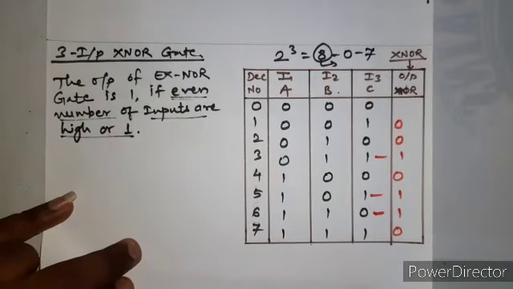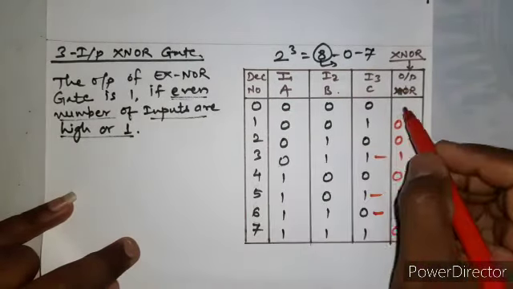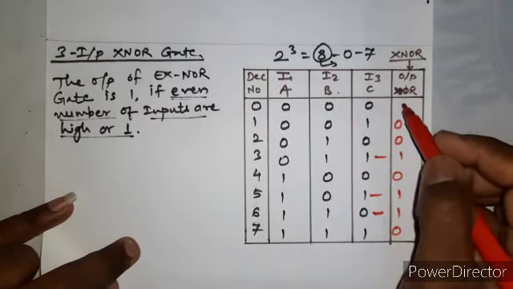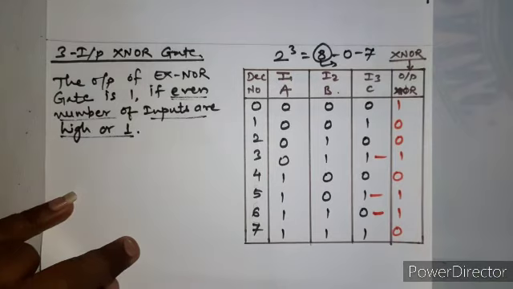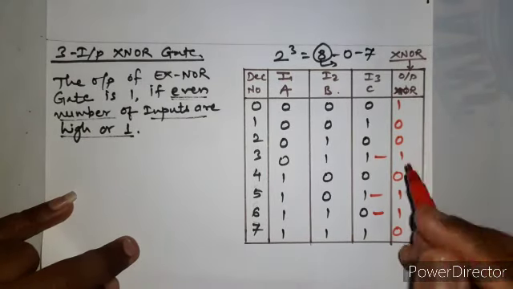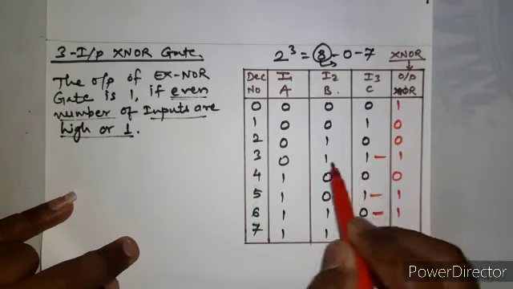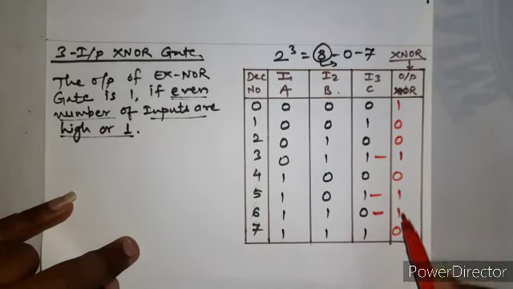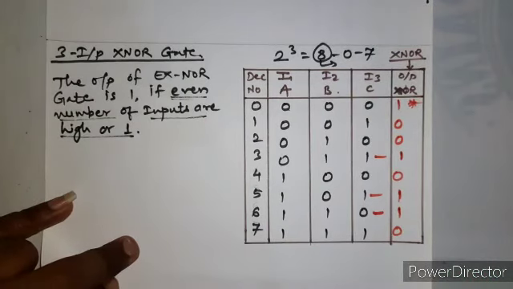But one more interesting point here is that when all the inputs are the same, the output is still 1. So this is a different case. We have seen that if the number of high inputs is even, then the output is 1, but this is a special case being observed.